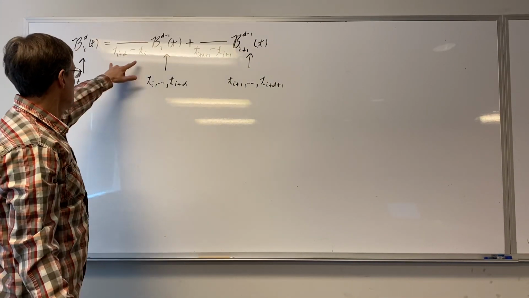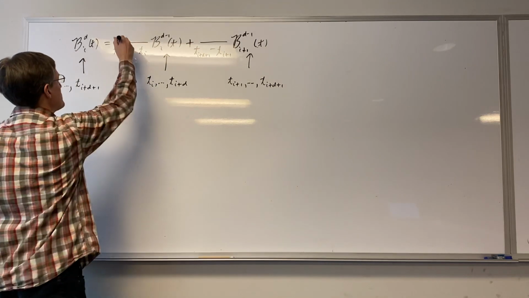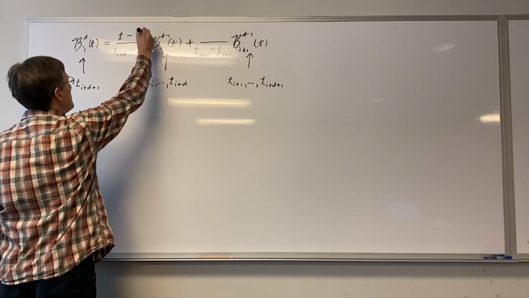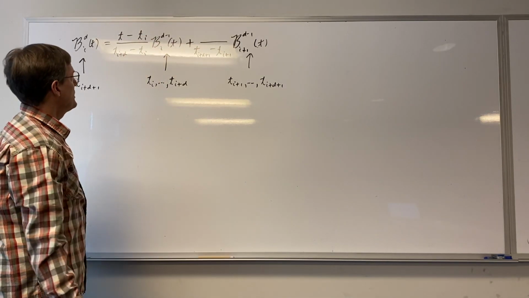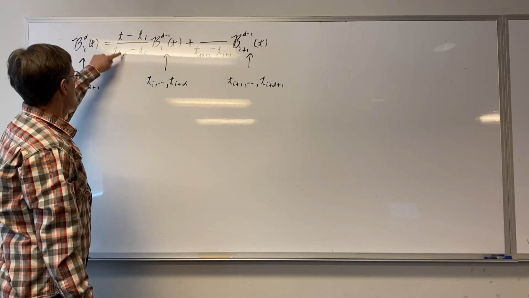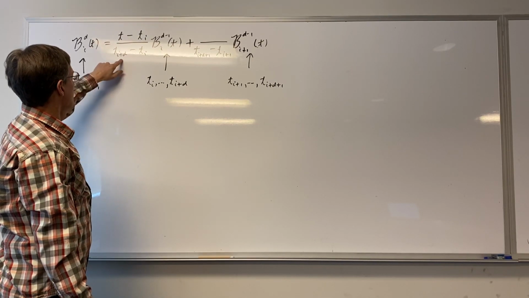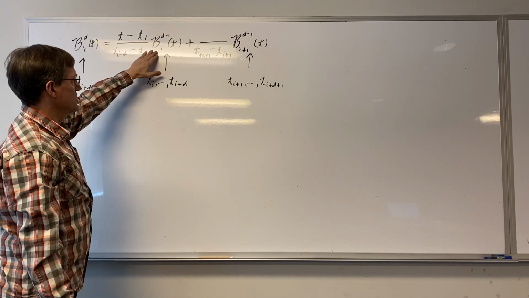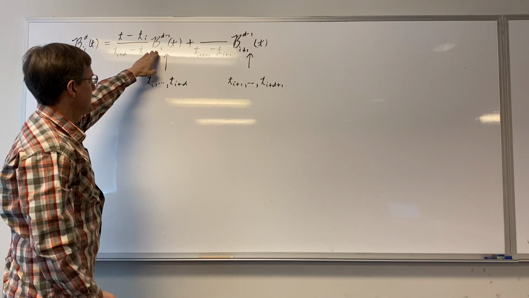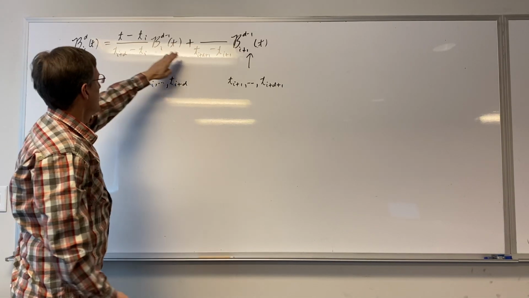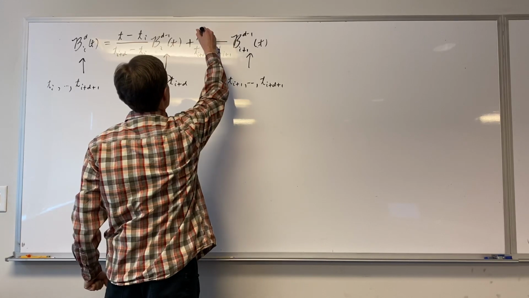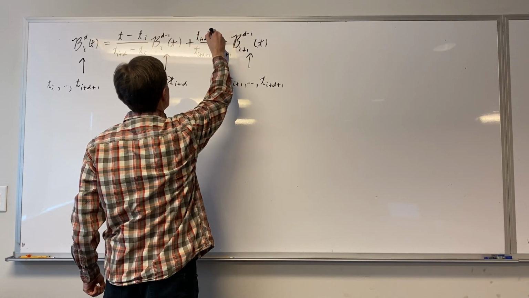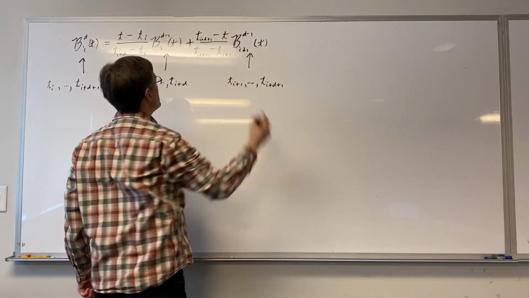And then what goes in the numerator here is just t minus t_i. And that's going to be a value which evaluates to 1, of course, at t_{i+d} as a coefficient for this B-spline. All right? And then this one is going to be t_{i+d+1} minus t.